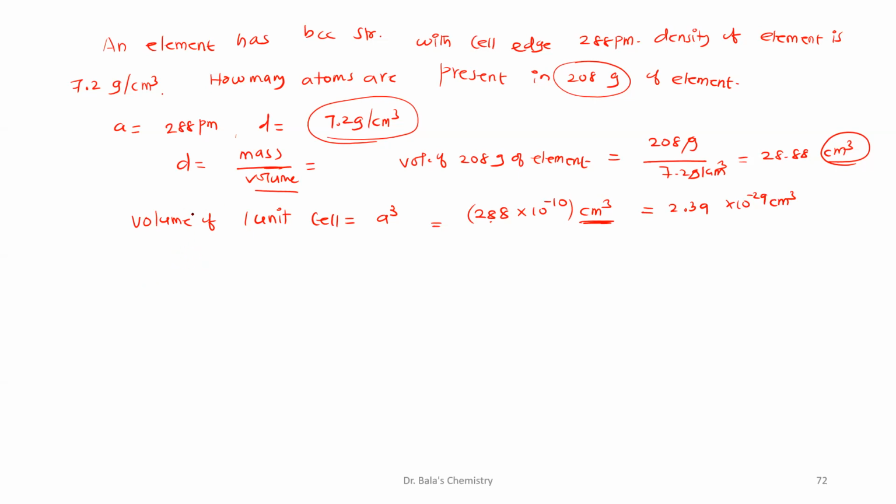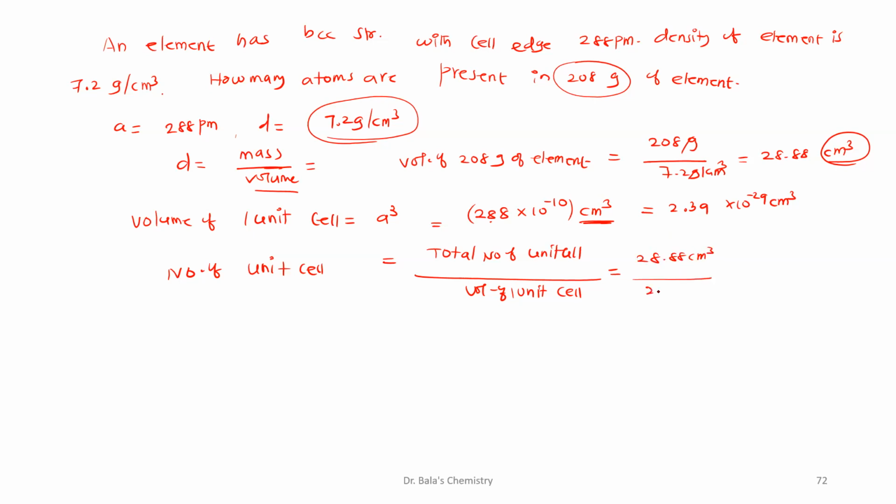Then we know the volume of 1 unit cell. Then we can calculate the number of unit cells present in 208 gram. So total volume divided by volume of 1 unit cell. Volume of 1 unit cell, we know the value: 28.88 centimeter cube divided by 2.39 into 10 power minus 29 centimeter cube.